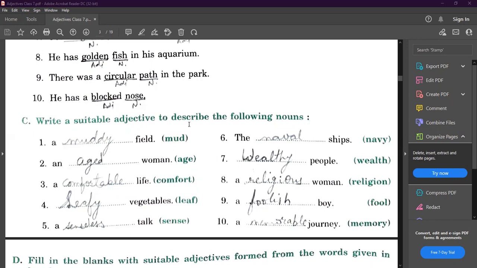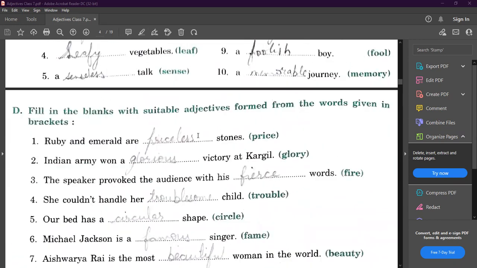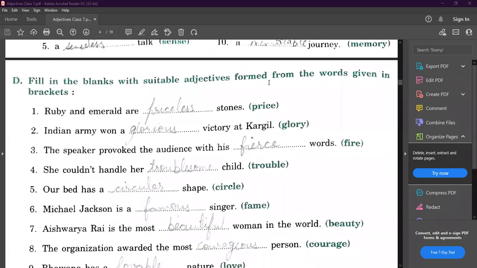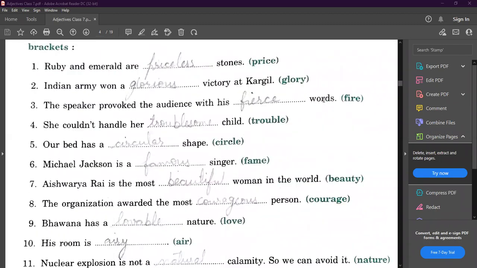Okay. So these were the adjectives. Now fill in the blanks with suitable adjectives formed from the words given in the bracket. Ruby and emerald are priceless stones. In the word given to you, you can do some addition and subtraction, some manipulation, and you have to make it an adjective so that it fits into your statement.